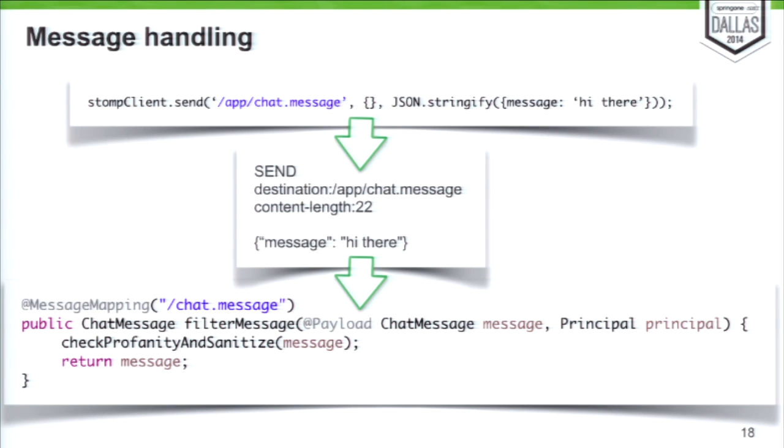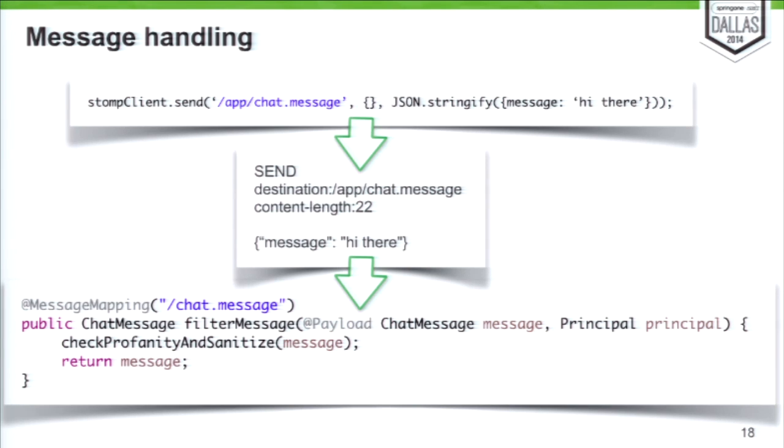So this will match a handler method inside our controllers annotated with a message mapping. And notice that the signature is quite flexible. In my signature here, I'm defining this chat message, which is just a POJO over my class, annotated with @Payload. So there's going to be a conversion here between JSON and my object. We also specify that I want to get the principal.